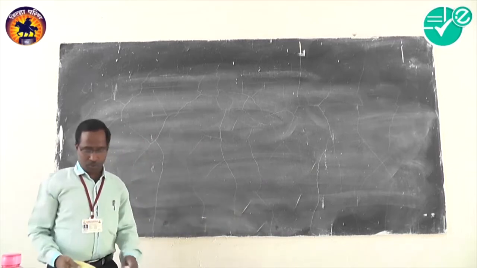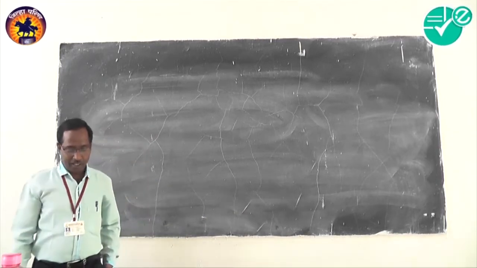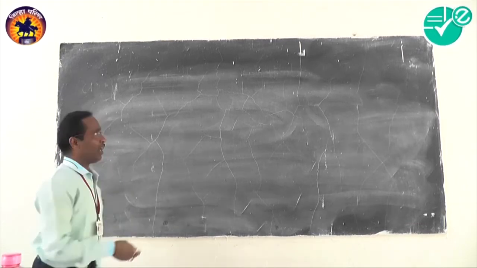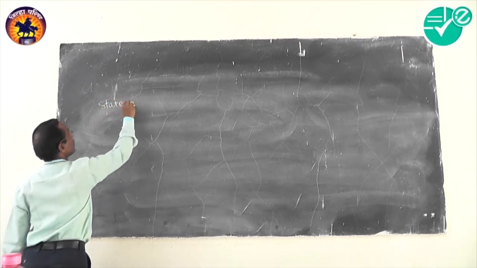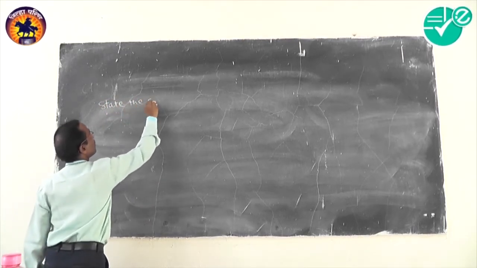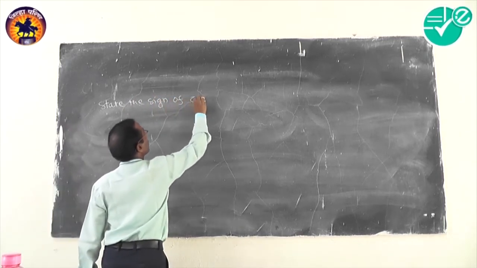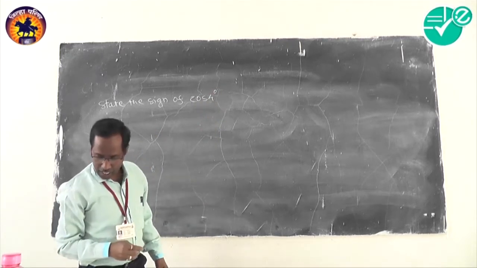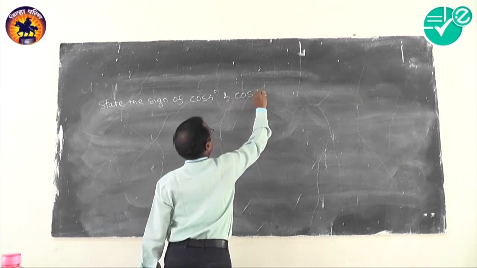Now we are going to take the next example, that is state the sign of cos 4 degree and cos 4 radian.